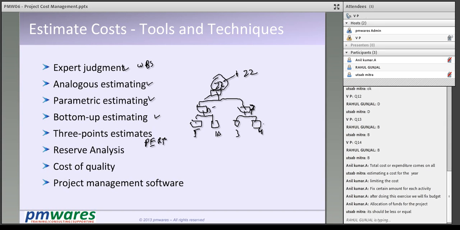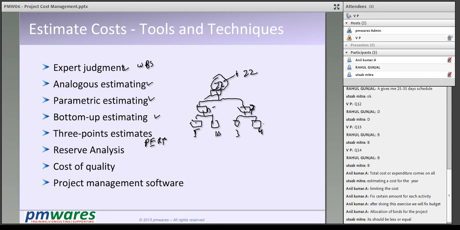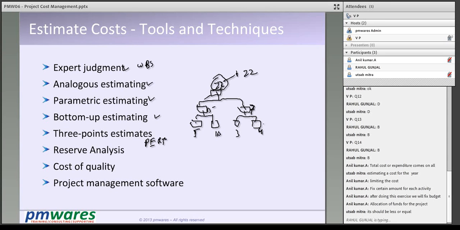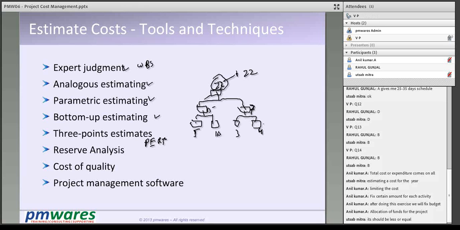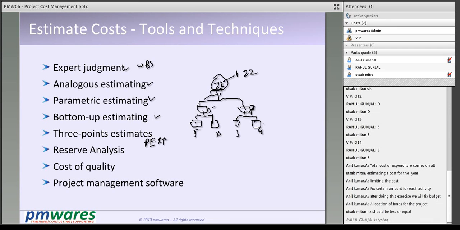Okay, you know what you call a chartered accountant? You tell him that you need 22. He will tell you, no, please complete the work in 20. Why do you need 22? That is the answer you get from a chartered accountant. That's great, right?